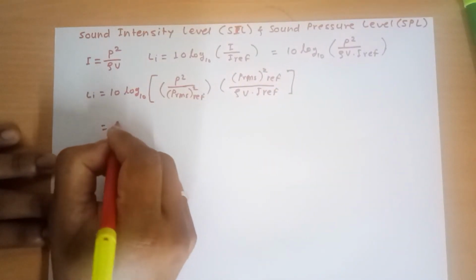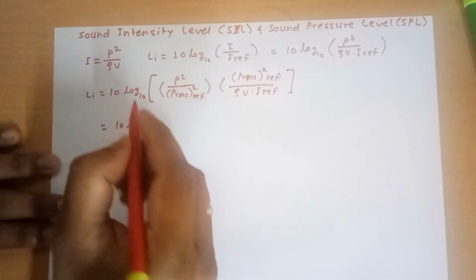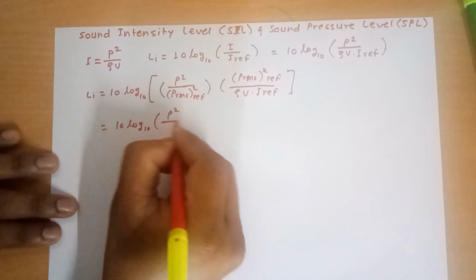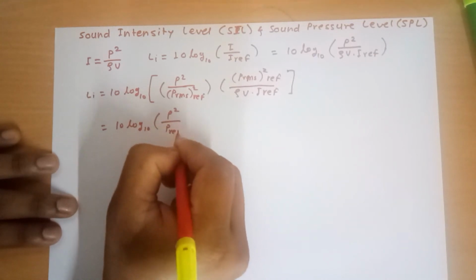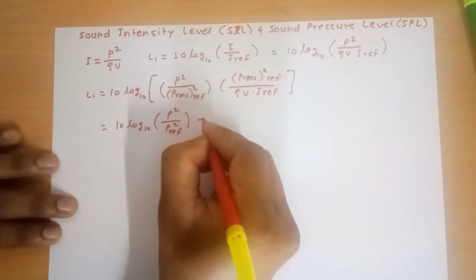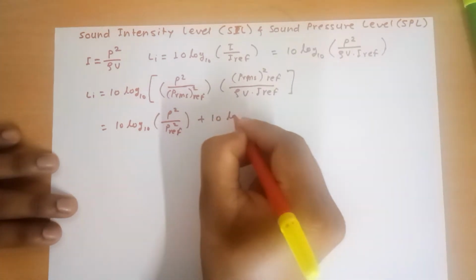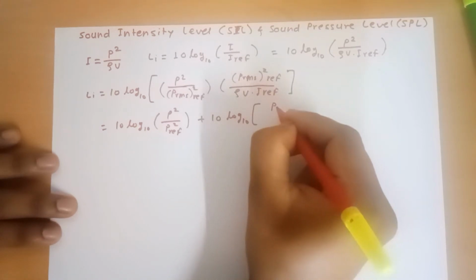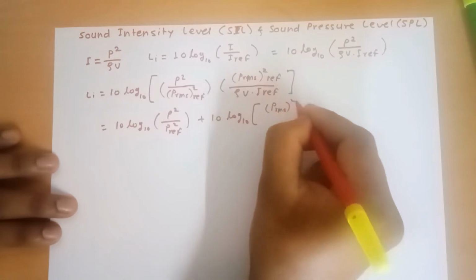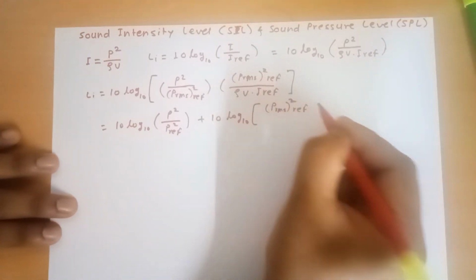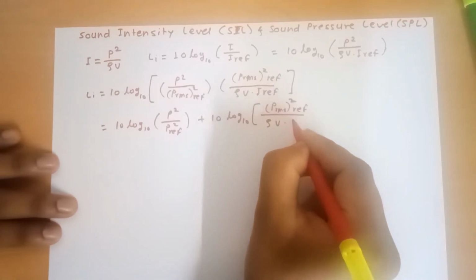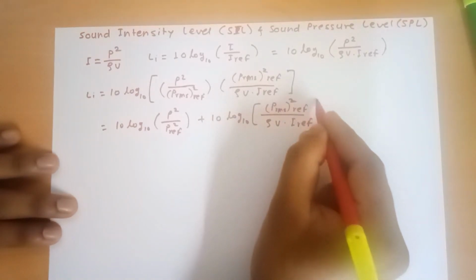So this will become 10 log to the base 10 of P square divided by P reference square plus 10 log to the base 10, and here it is P RMS reference square divided by characteristic impedance into I reference.